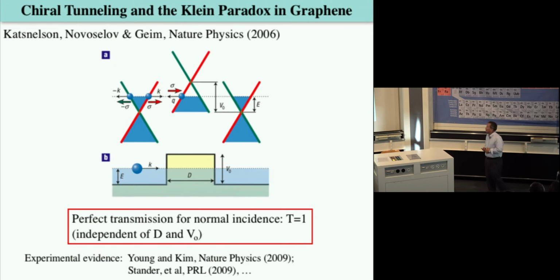Klein tunneling is a phenomenon which says that if you have a potential barrier imposed on graphene, and you have a carrier incident normal to the barrier, then you would have 100% transmission independent of the width and the height of the barrier. It is this suppression of backscattering that could lead to the phenomenon I talk about immediately. And this has actually been shown experimentally.